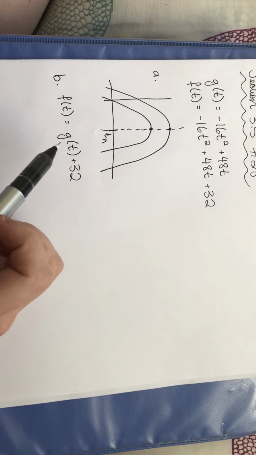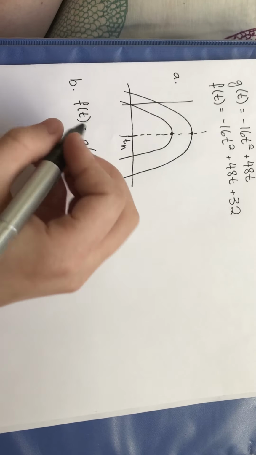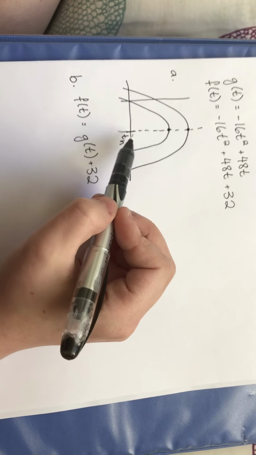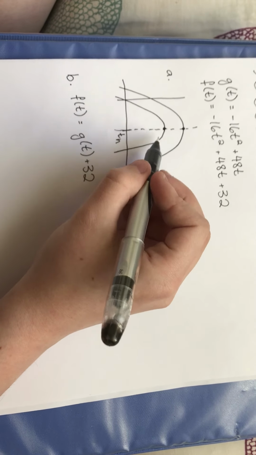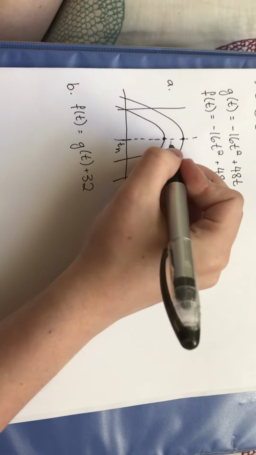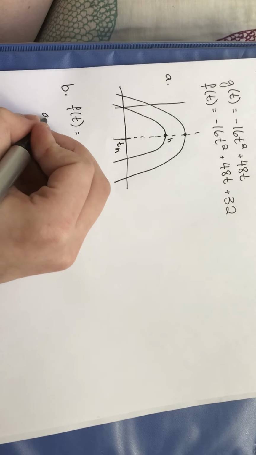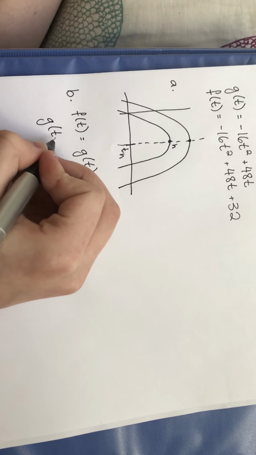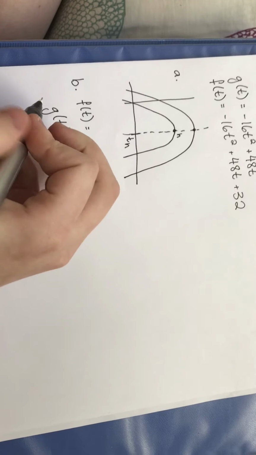Since we know that g(t) describes a position from the ground, if we say that t_h is the time at which the stone reaches its highest point from the ground, and h is the distance between the stone and the ground, then g(t_h) equals h.